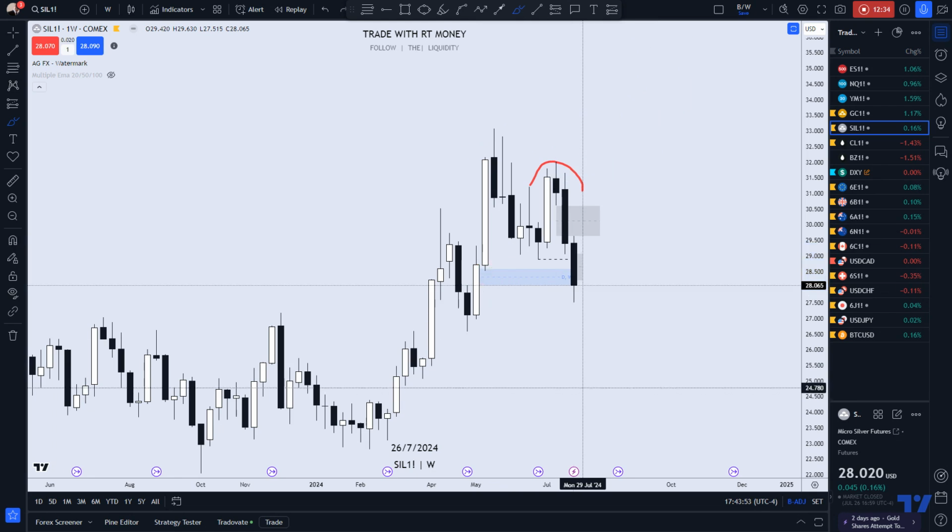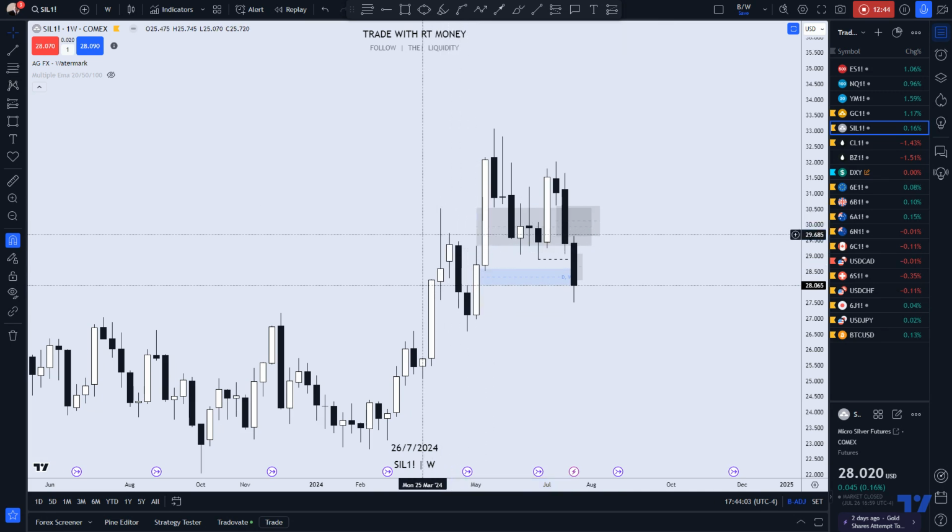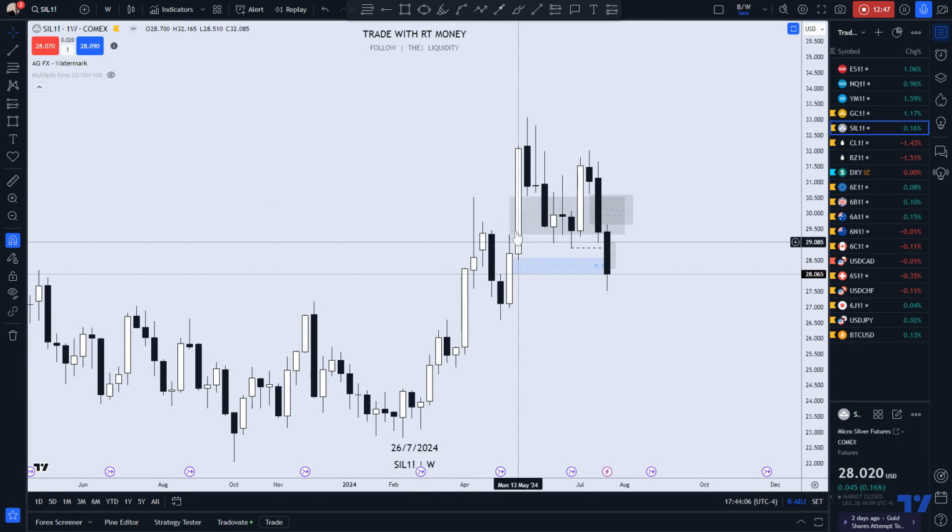So I'm thinking that this failed bullish fair value gap here, after taking out this swing high, should have pushed price up. That's not what we got. So we have a change in the state of delivery here.